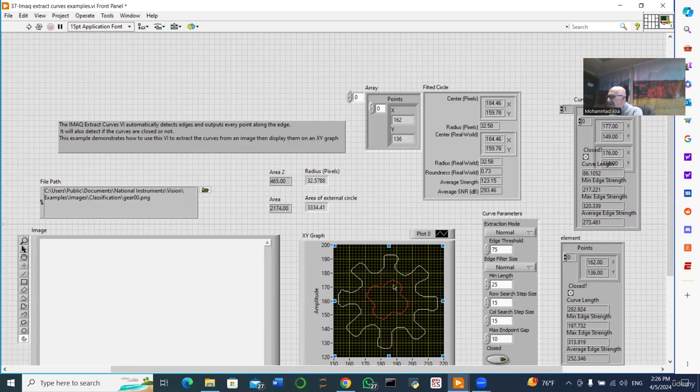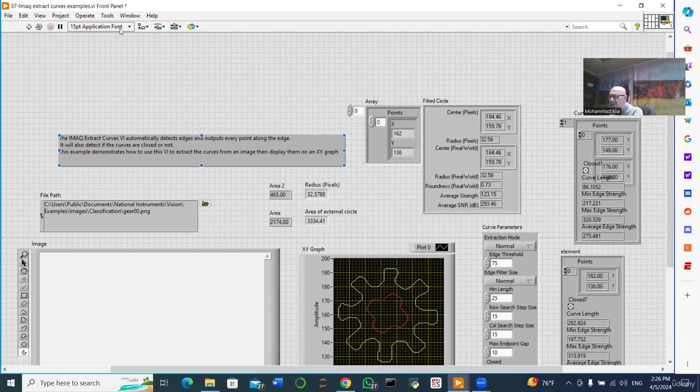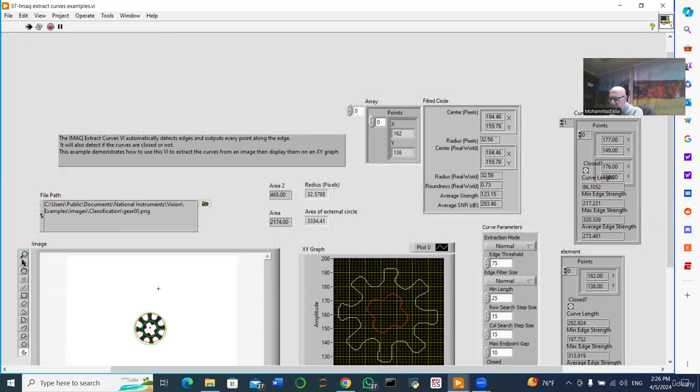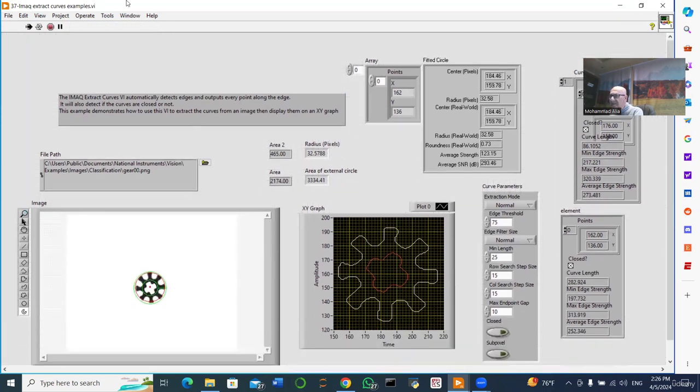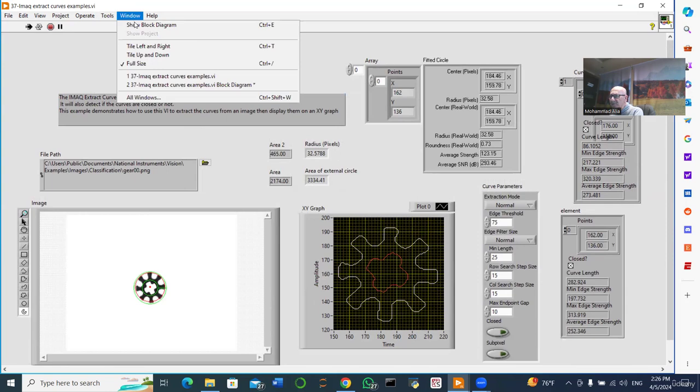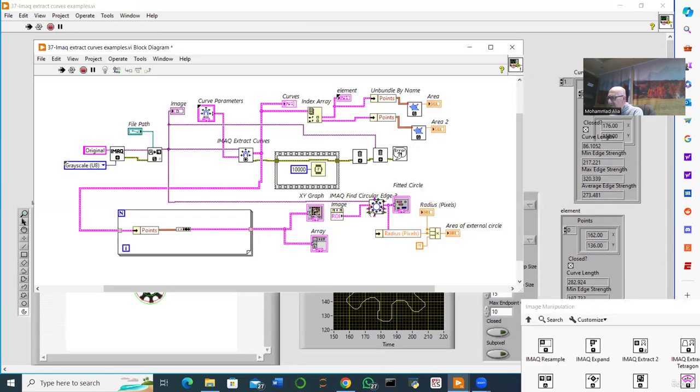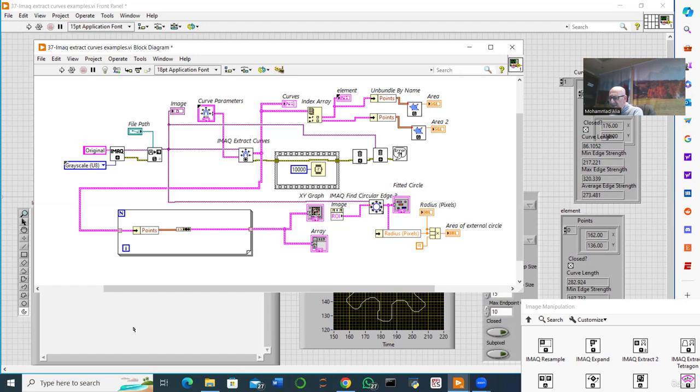What is interesting there also? If we run the program again, and in the front panel, as you see, I have introduced this function here, so I can use it in order to find the area of a circle.